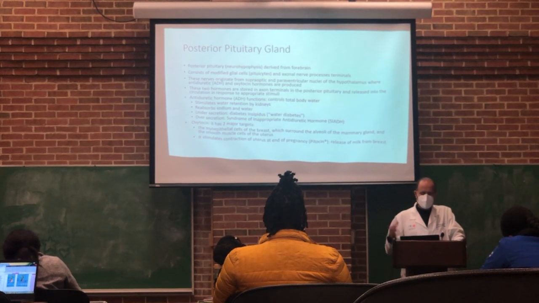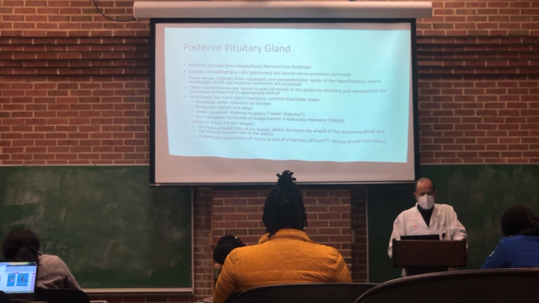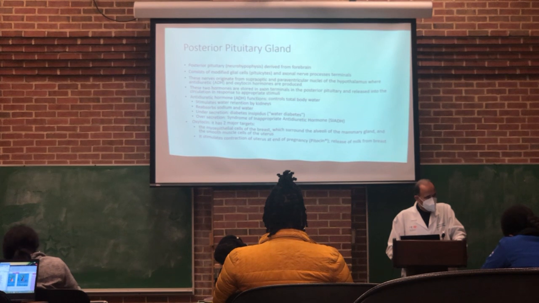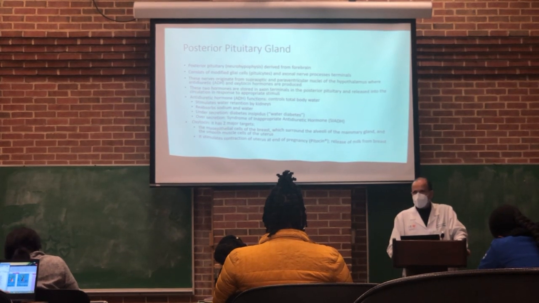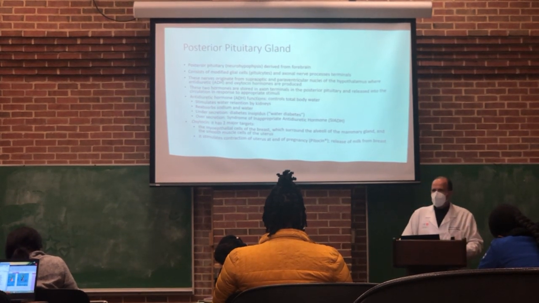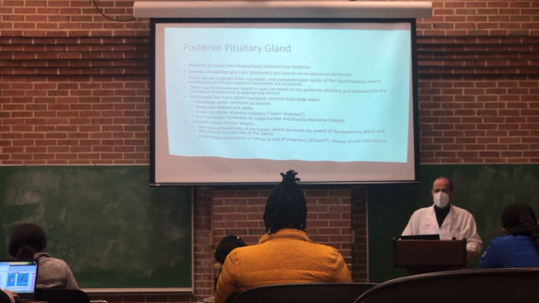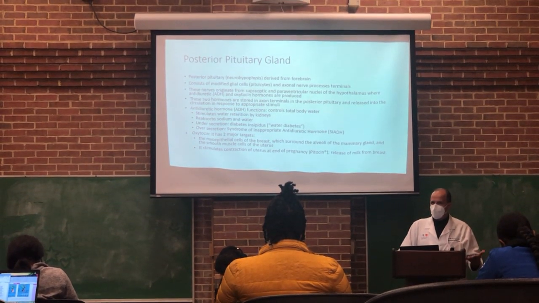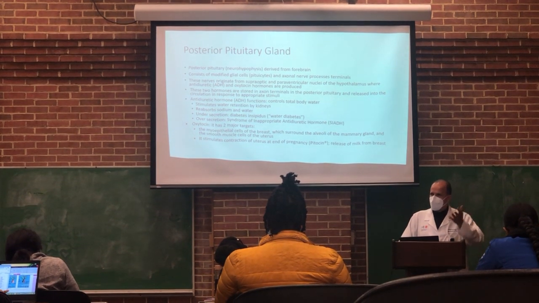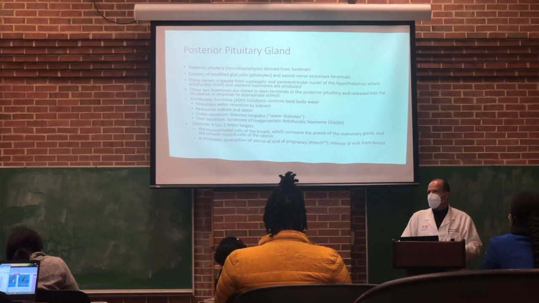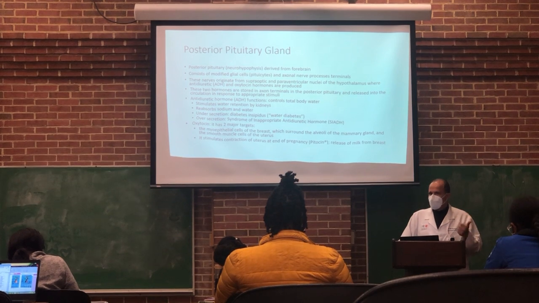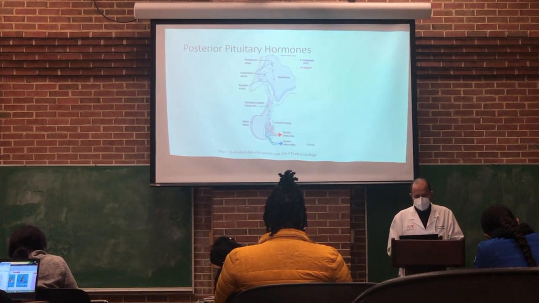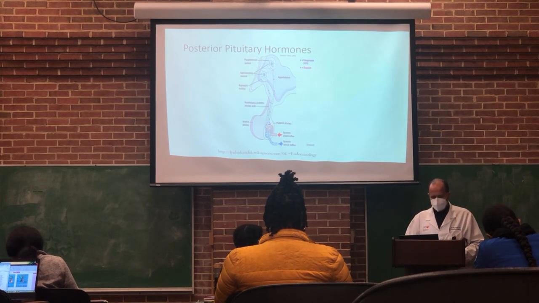If there is deficiency of ADH, diabetes insipidus. These patients will have polyuria, low osmolarity of the urine, high osmolarity of the serum, and a high level of sodium. So please, you need to know about diabetes insipidus.